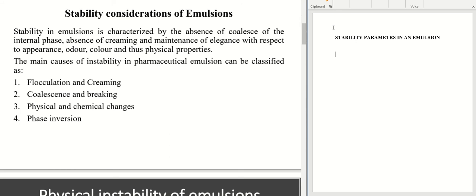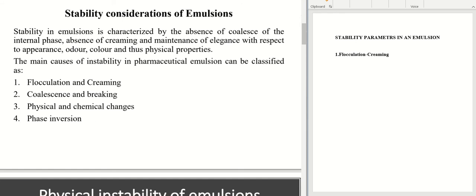Majorly, the instability problem in the pharmaceutical emulsion is categorized into 4 different categories. The first one is flocculation. Flocculation and creaming go hand in hand. Flocculation, the name itself indicates grouping of all the globules together to form a larger globule.